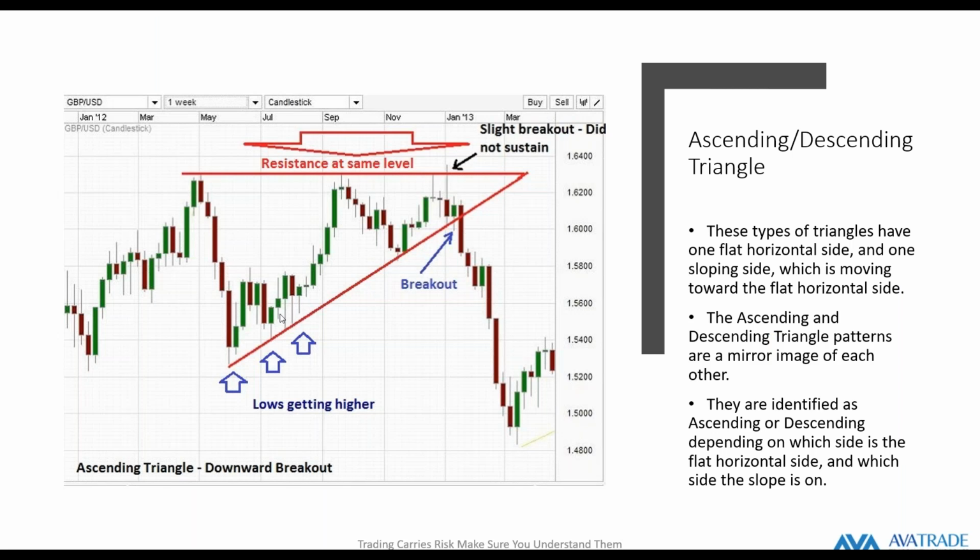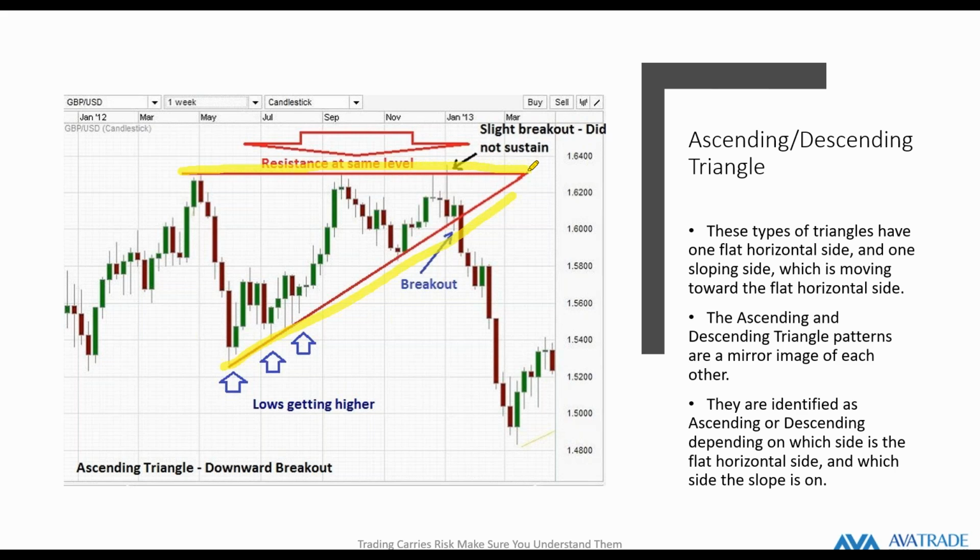So the difference between an ascending triangle and a descending triangle is not the trend line they come off of, not the trend, whether it's an upward or downward trend. An ascending triangle, the bottom of the triangle is moving up, where the top of the triangle is horizontal.